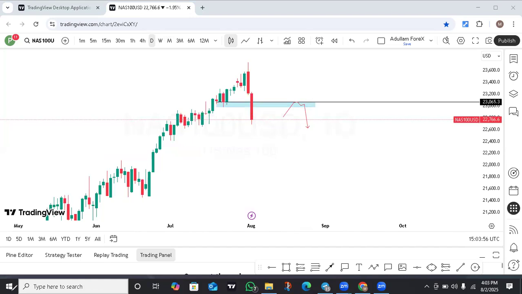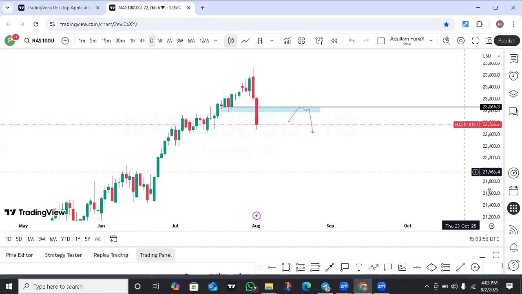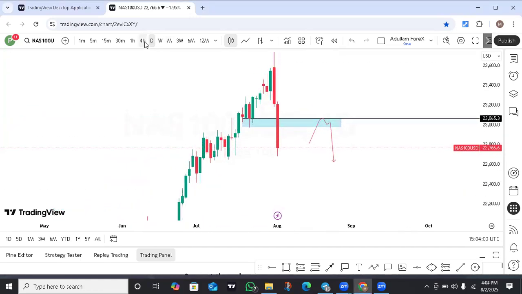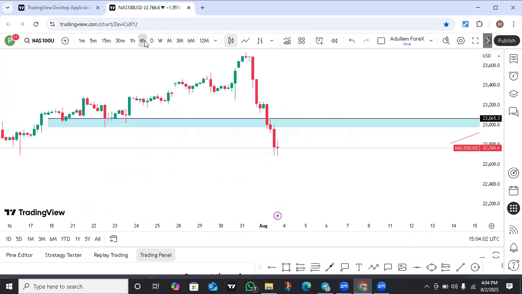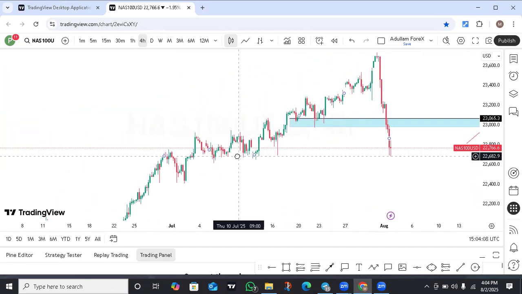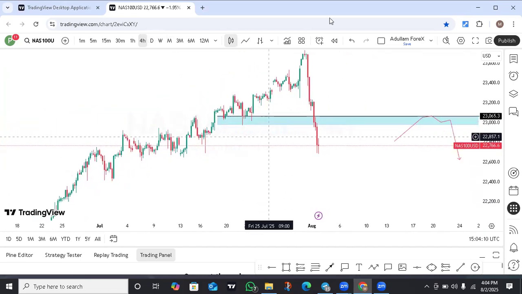So now, if you look at the H4 also, you see that this low has been breached based on what we see on the daily. Here has been breached because this is a high. The high has been disrespected by price.